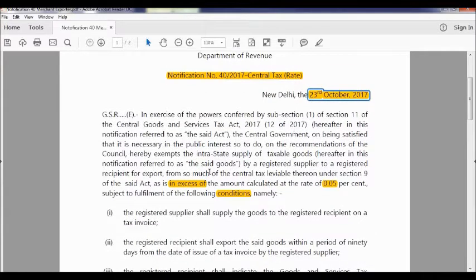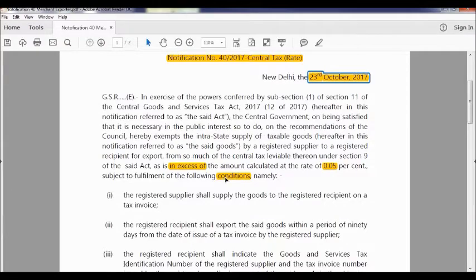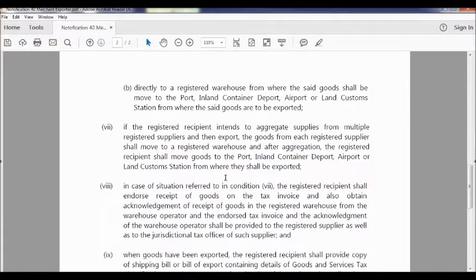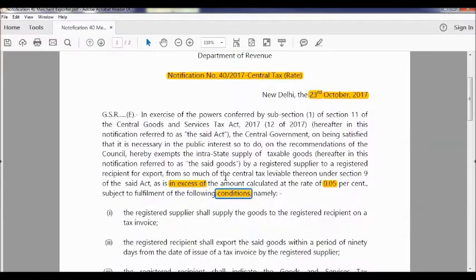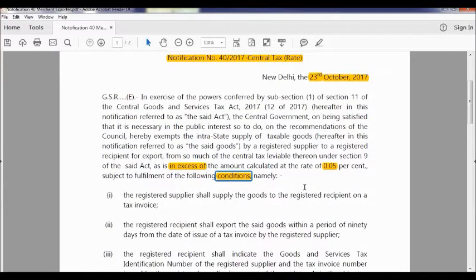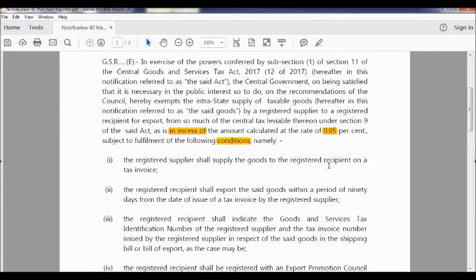It says that if you follow the 10 conditions, then the registered supplier supplying goods to you, the merchant exporter, will just have to charge 0.05% CGST and 0.05% SGST, or simply put 0.1% tax. So whenever the merchant exporter exports, they will have to pay only 0.1% in aggregate to the registered supplier, so that their working capital will not be blocked at all.